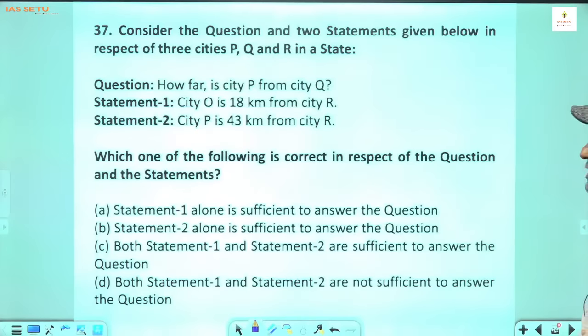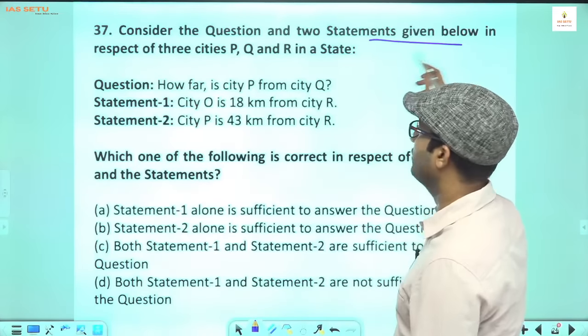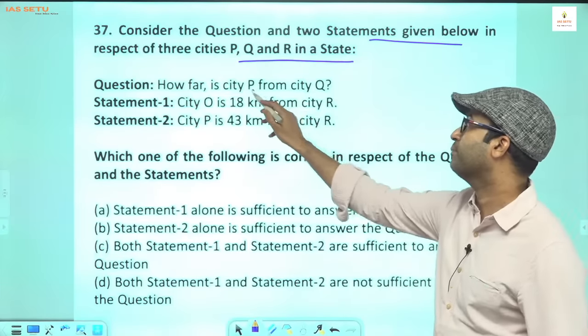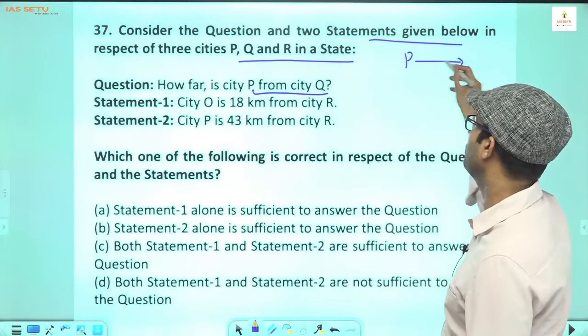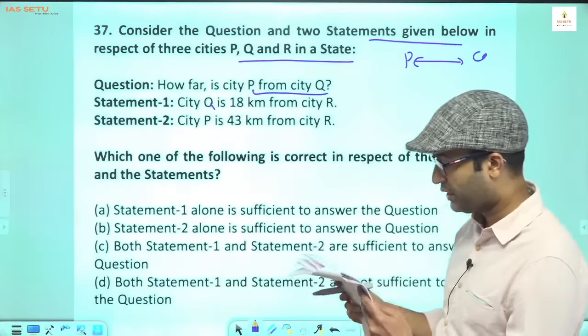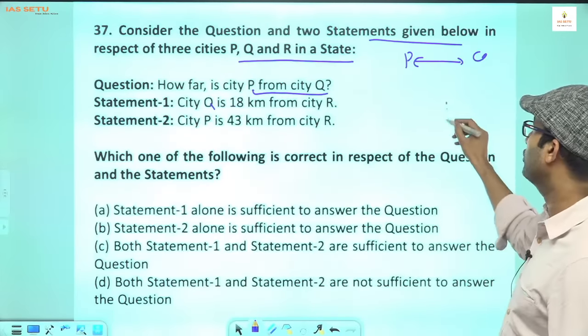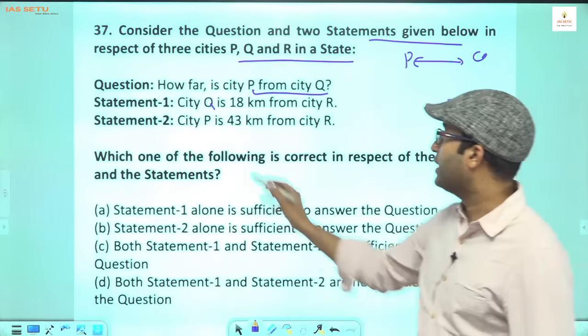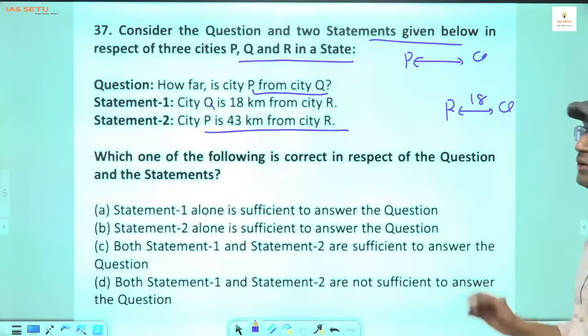Next, question number 37. Consider the question. Two statements are given below in respect of three cities P, Q, R in a state. How far are cities P and Q? It is asking the distance between P and Q. Here, city Q is 18 kilometers from R. So R and Q is 18 kilometers. And P and R is 43 kilometers, but we don't know where P is.